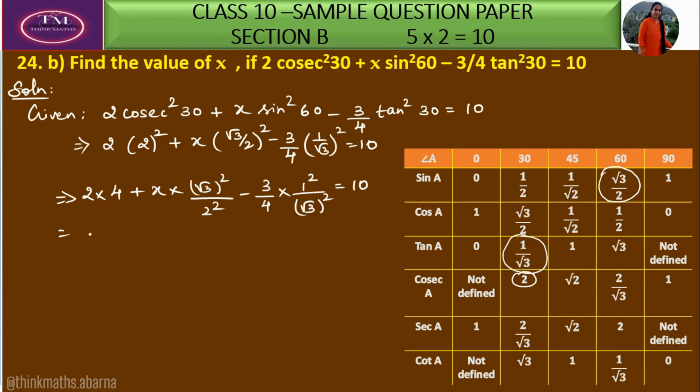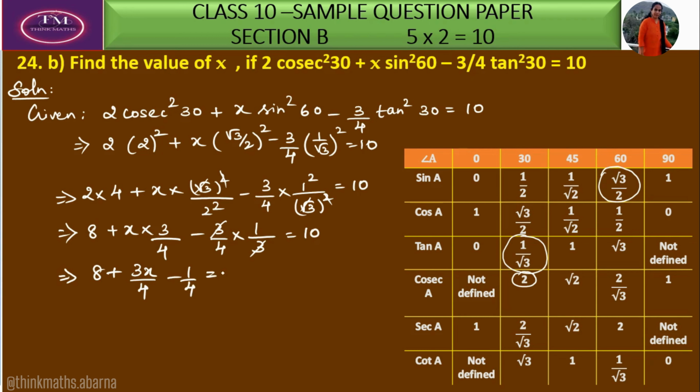So 2 fours are 8, plus x into 3 divided by 2 squared, which is 4, minus 3 by 4 into 1 squared, which is 1. Again the root and power 2 cancel, so it is 3. So we get 8 plus 3x by 4, and here 3 gets cancelled, so minus 1 by 4 equal to 10.